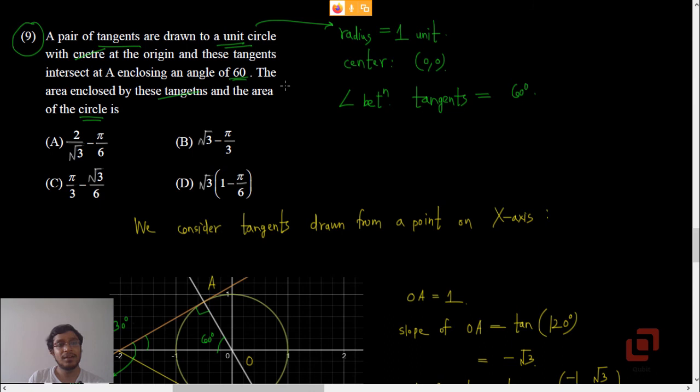They are saying, find the area enclosed by these tangents and the area of the circle. To be honest, I did not understand what this statement meant. Area enclosed by the tangents I can understand, but I did not understand how an area can be enclosed by the area of a circle.